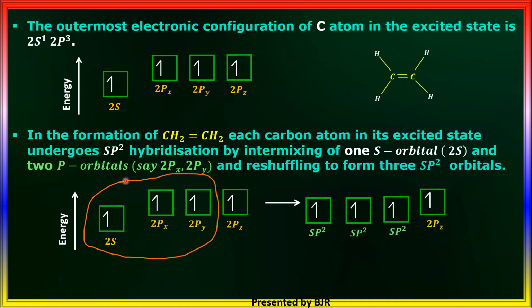Okay, so after intermixing these three orbitals, one s orbital and two p orbitals, and they reshuffling into three identical hybrid orbitals, sp2 hybrid orbitals, and there is one unhybrid orbital, that is 2pz orbital, and each sp2 orbital contains one unpaired electron, and there is one more unpaired electron in 2pz orbital.